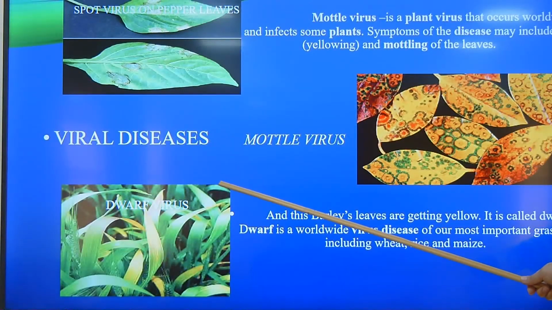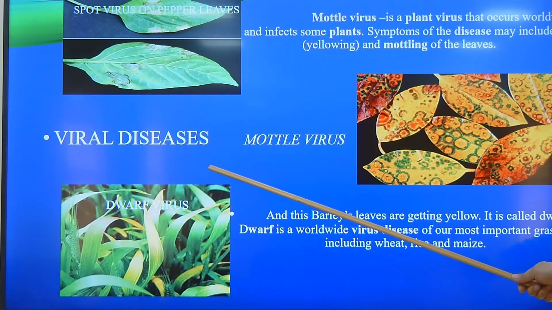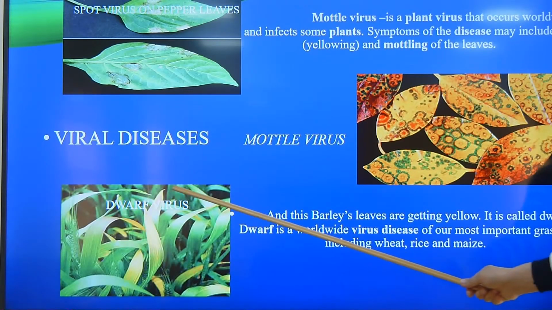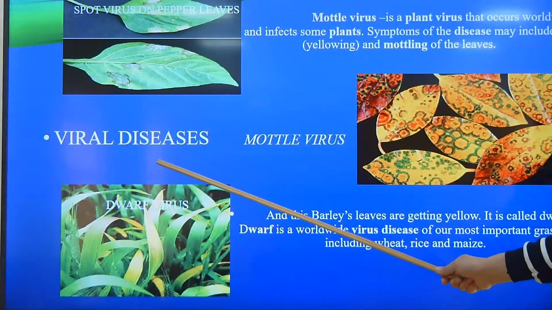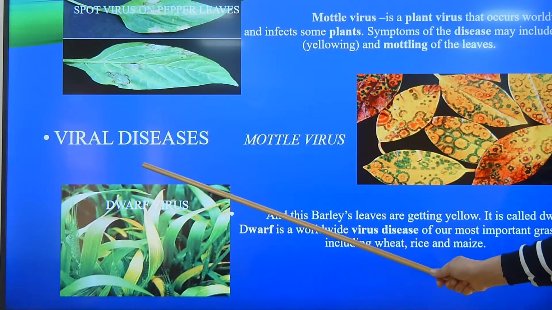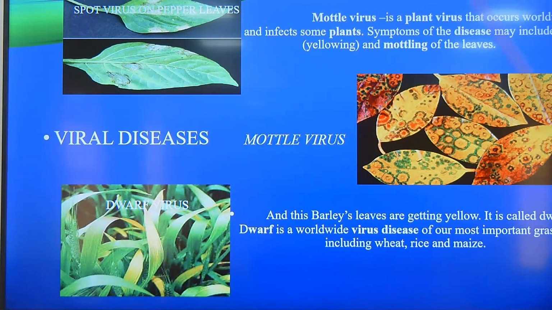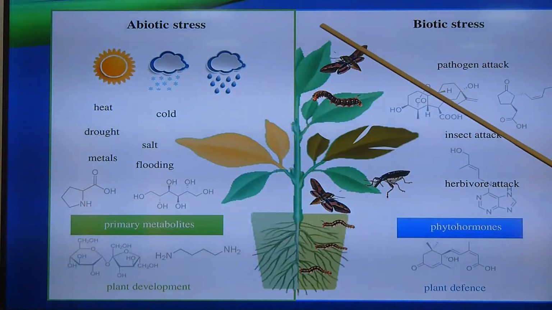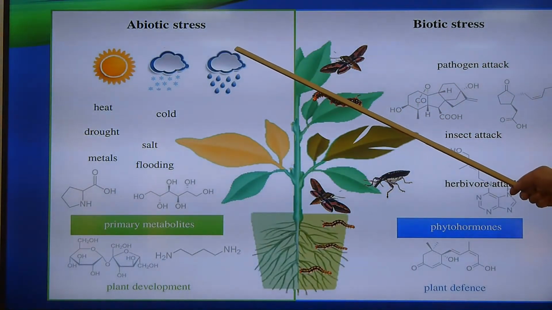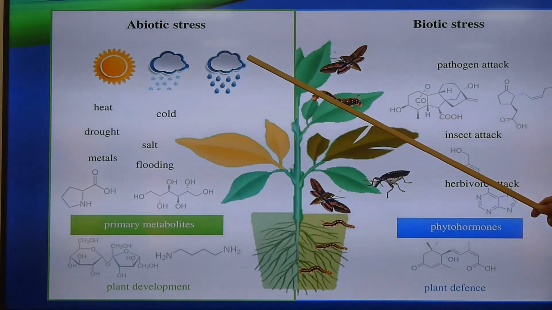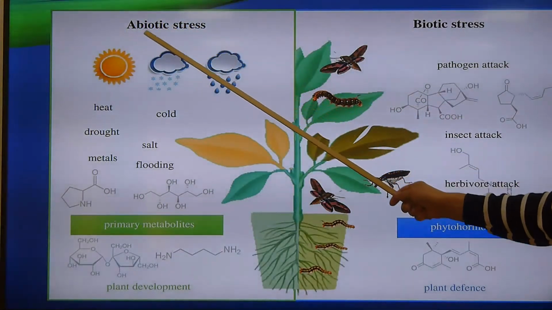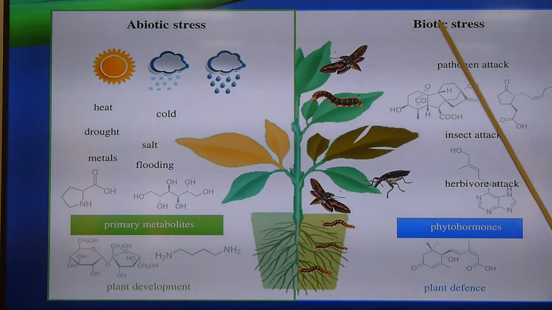Dear students, I have told you about all plant diseases, their types, and their forms. Now, I briefly talk about the factors that cause these diseases. Tell me what factors affect plant diseases. You are right. There are two types of factors: abiotic factors and biotic factors.